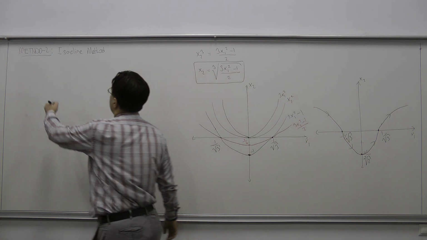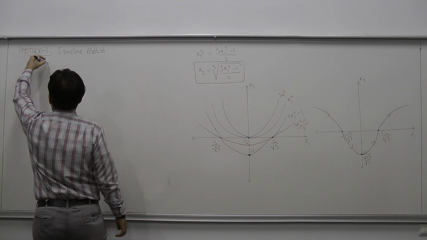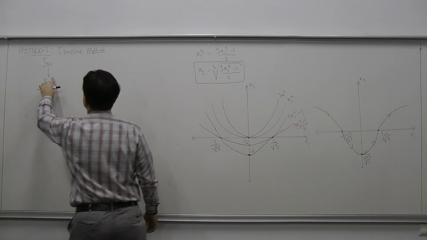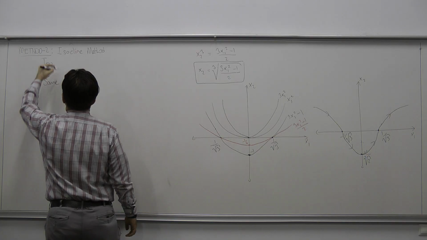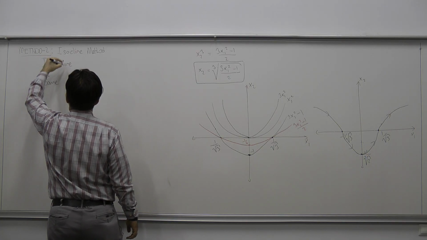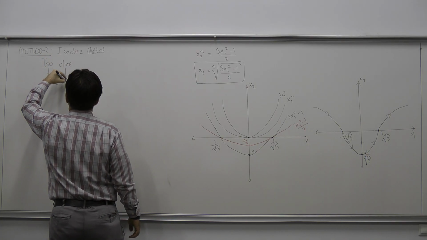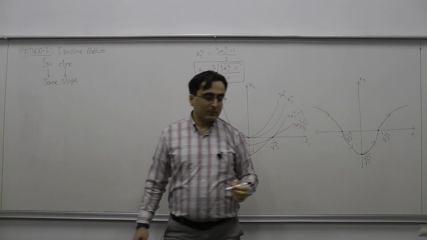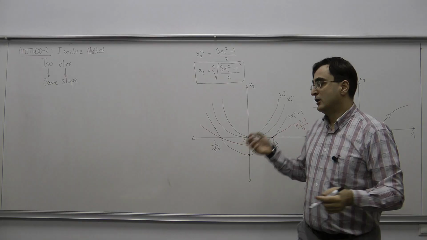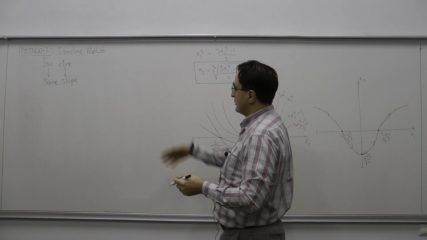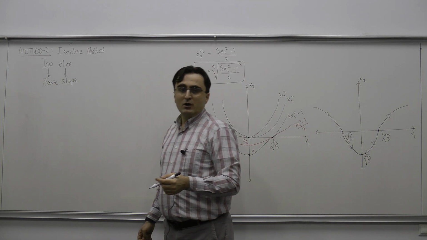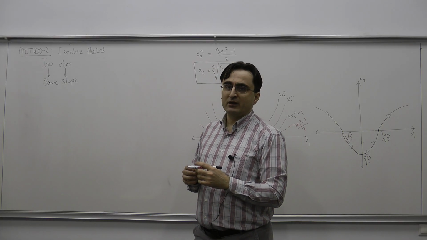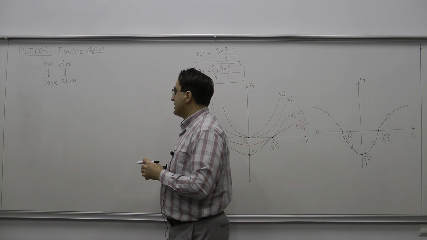So iso, I think it comes from Latin, and it means the same in English, okay? And cline means slope, okay? So isocline, if you translate it into English, becomes the same slope method. We are going to see why this naming is quite accurate for this method.